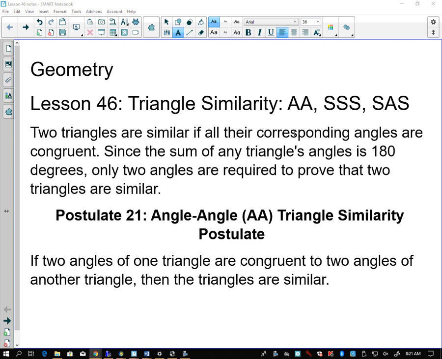So this stuff is really important to be able to recall. If two angles of one triangle are congruent to two angles of another triangle, then those triangles are similar. Again, you have to understand the difference between congruence and similarity. Do we understand the differences between those two things? We want to be able to understand the difference. What does that symbol mean?